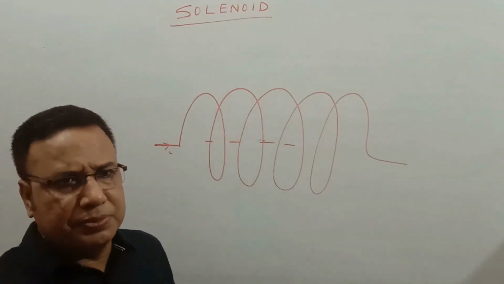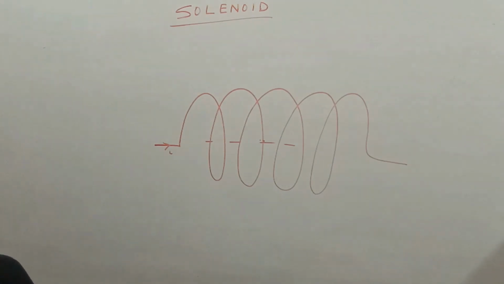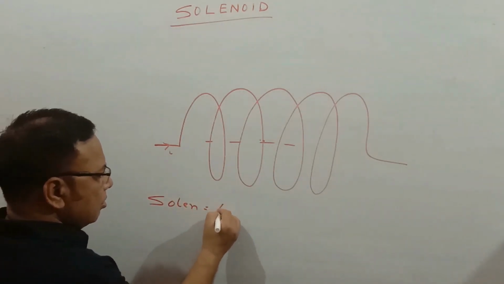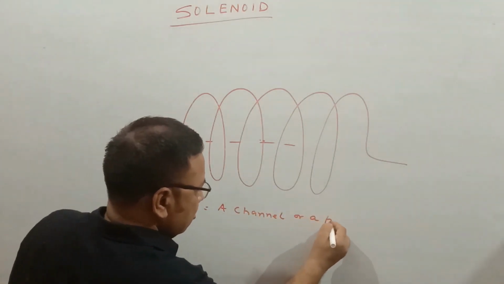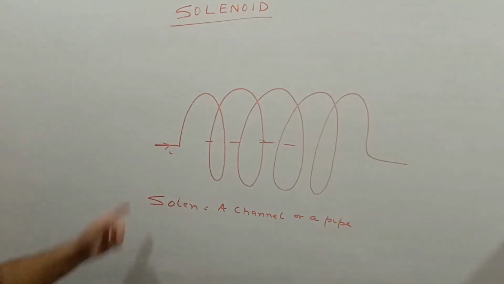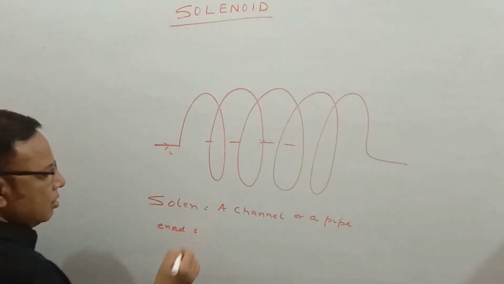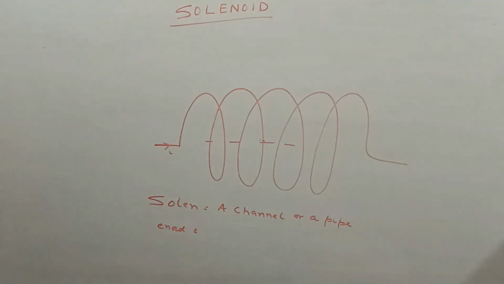Here solenoid comes from a Greek word where the solen means a channel or a pipe. And the second half, that is called eidos, simply means an outer boundary or an outline.